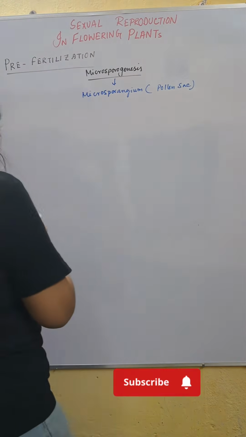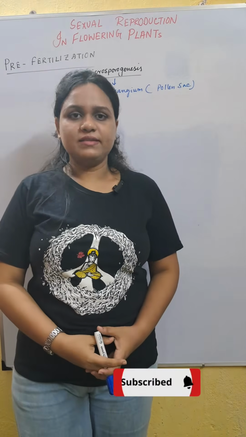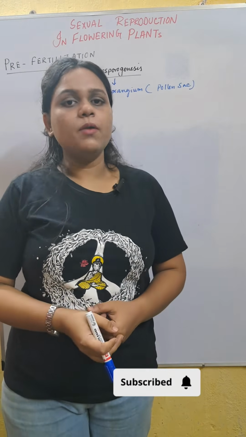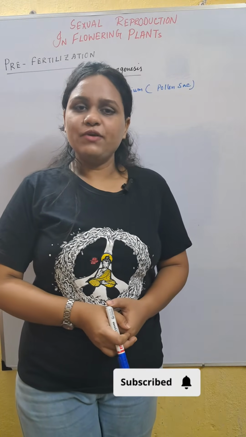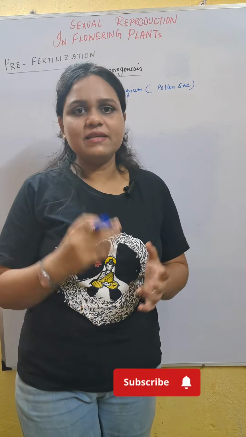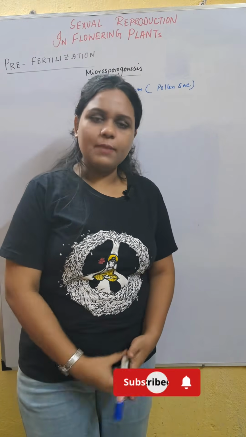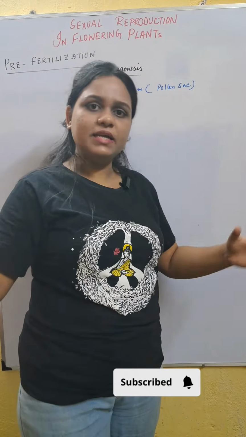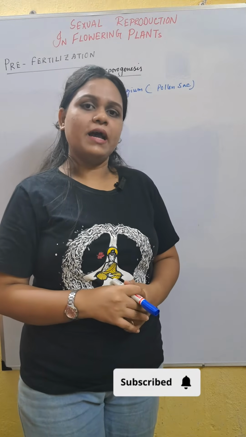It contains some pollen mother cells which are actually diploid. These pollen mother cells, or PMCs, will undergo meiosis and eventually form pollen grains. Pollen grains stay in tetrad form, and when they come out from the anther, they become individual and go to the stigma of the gynoecium.